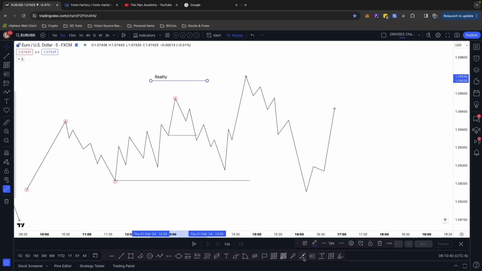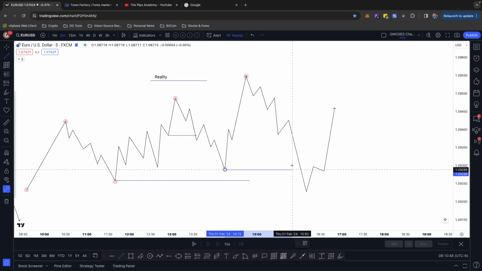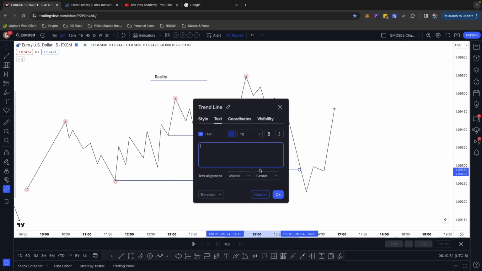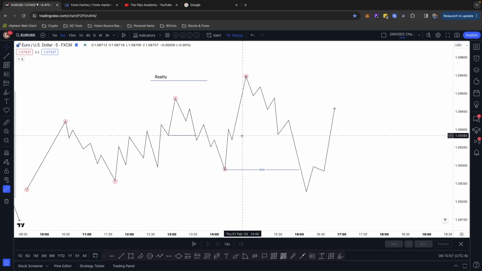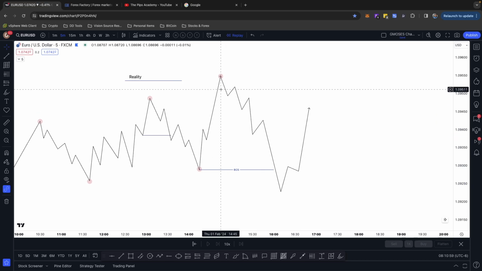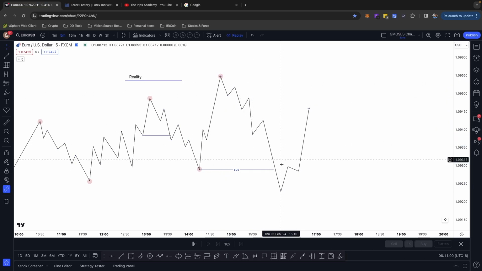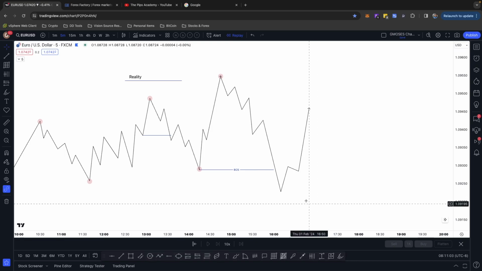So we had a swing low here and a swing high here, which changes. However, we can see that the characteristics of this model change. This now is a break of structure. And because we have this break of structure, now we have a new swing high and a new swing low.